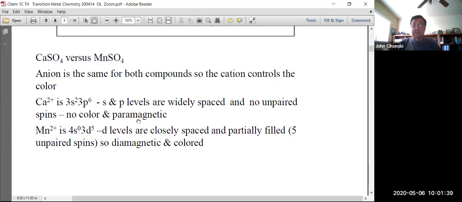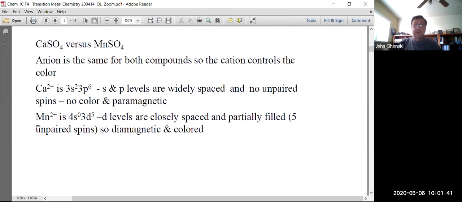There are no unpaired spins. However, if we look at the manganese carbonate, it is a partially filled d shell, which means we should have what? Unpaired spins. And it turns out that is what we call paramagnetic, meaning if we have a magnet here and a sample here, that sample should be attracted to the magnet, and also that compound would be colored.